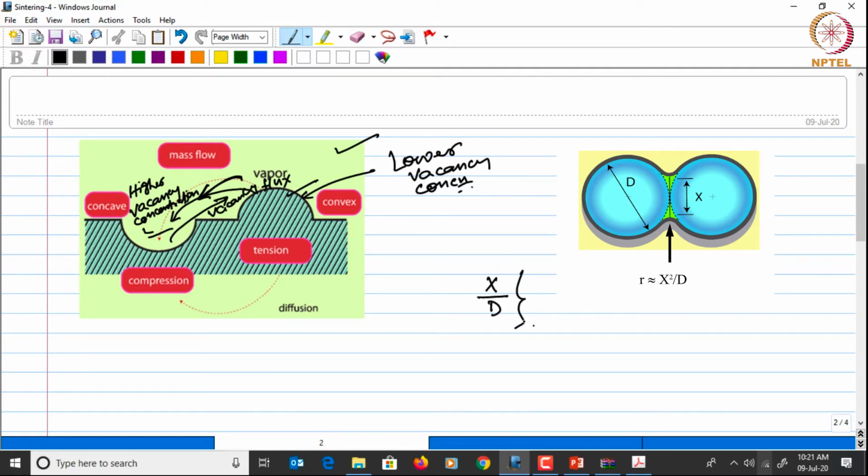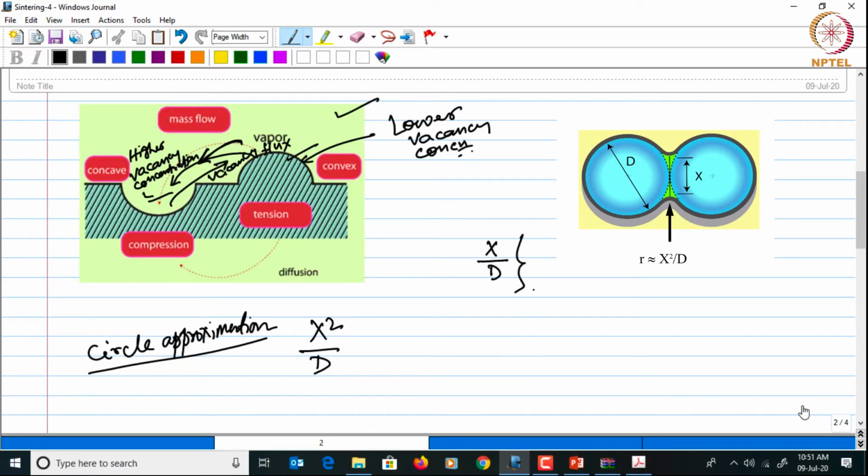Now, if we use a circle approximation of the neck shape with the radius x square by d, the stress can be written as follows.